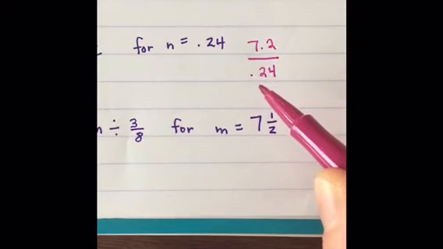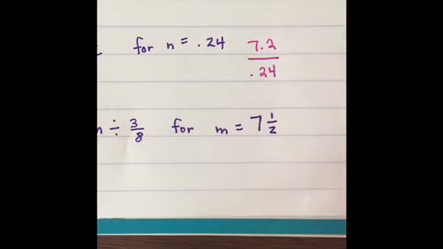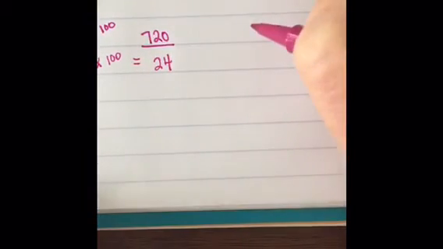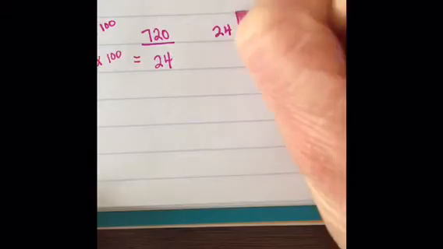We can multiply this not just by a 10, but by 100, because that's what it's going to take to move the decimal twice. So times 100, and that's going to equal not 0.24 or 24 hundredths, but it's actually going to equal a whole 24. And then multiply this one by 100, and it's going to move the decimal place twice, and it's going to be 720. So now our problem's going to say 720 divided by 24.